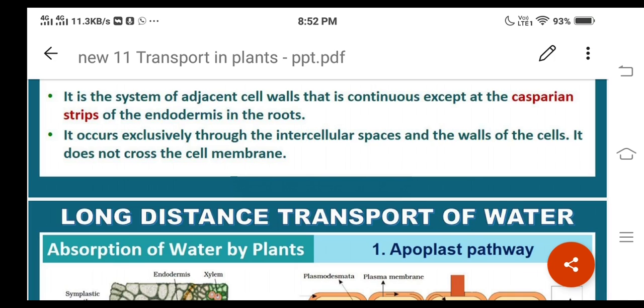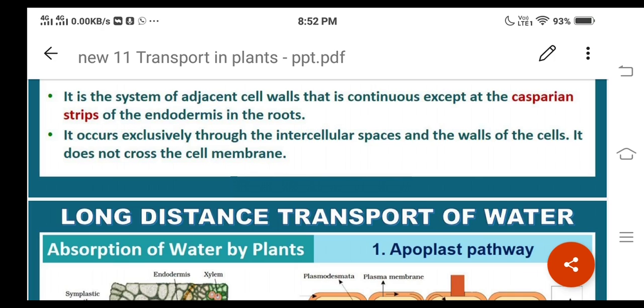And how does the apoplast occur? It occurs exclusively through the intercellular spaces and the walls of the cells. Walls means cell walls.